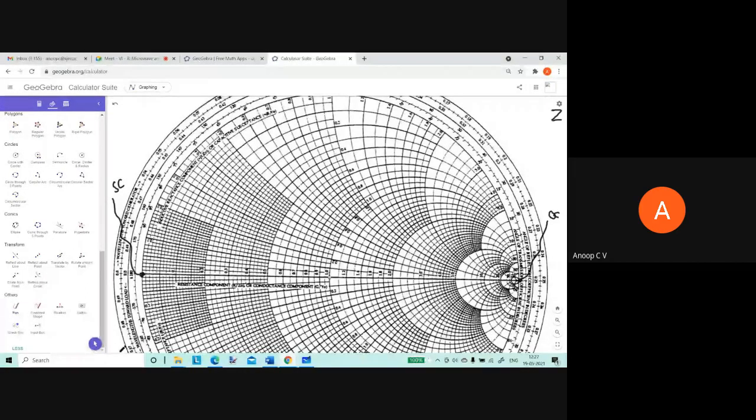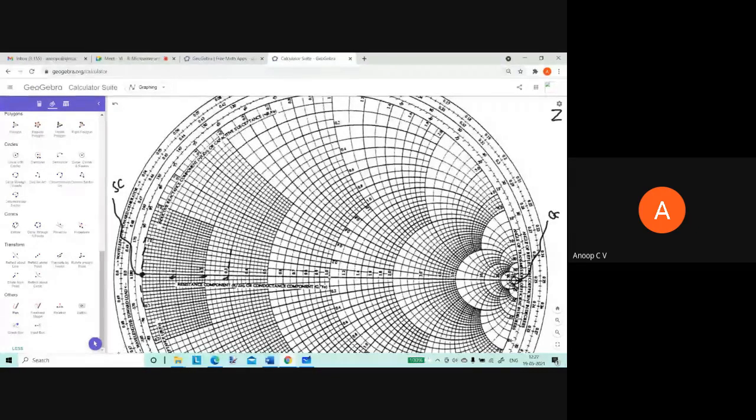And this outermost circle is R equal to 0. And if you see, this is R equal to 0.1, R equal to 0.2, R equal to 0.3. So this circle is R equal to 0.3.